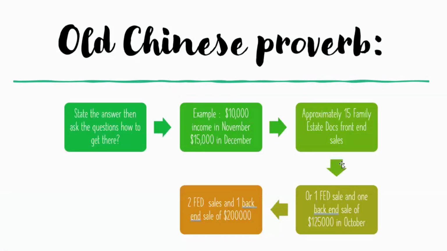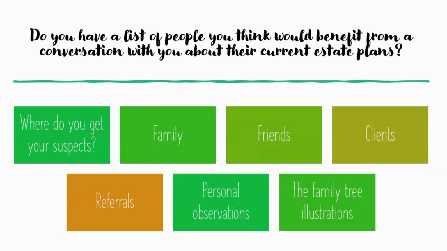Most of the time it's by looking at the family tree illustrations. I can pull any file out of my drawer and flip over to the inside front cover of the folder where the family tree is and talk to somebody about their family, and they think I've got the best memory in the world.